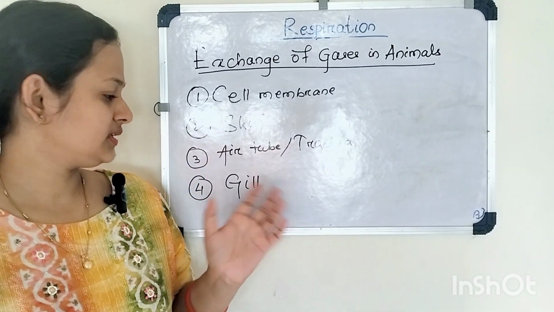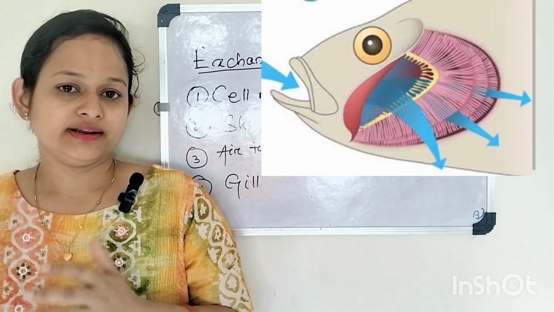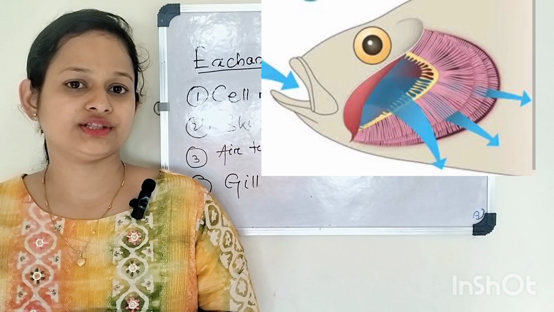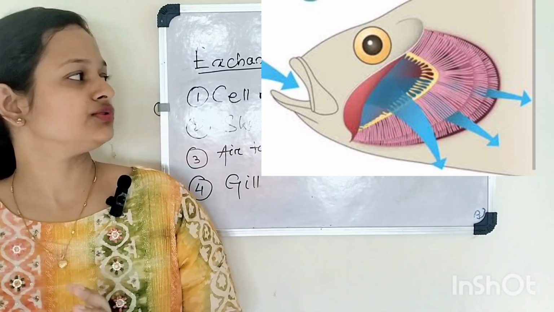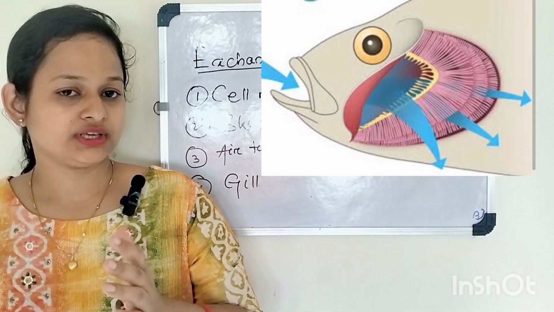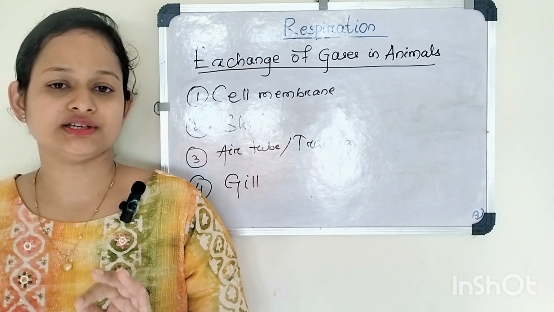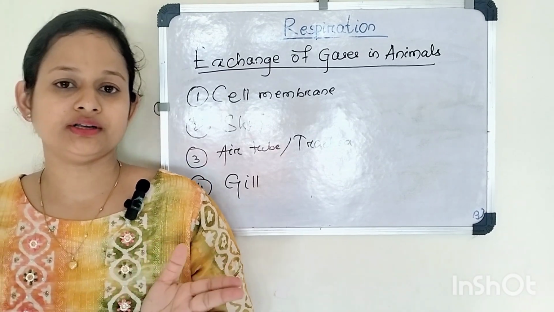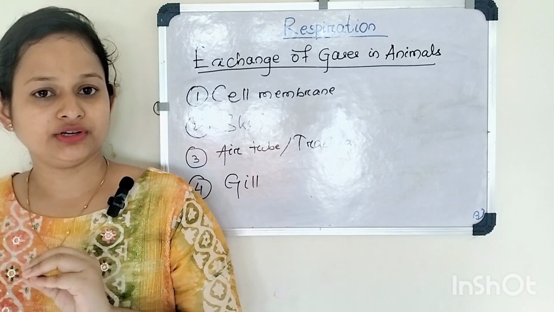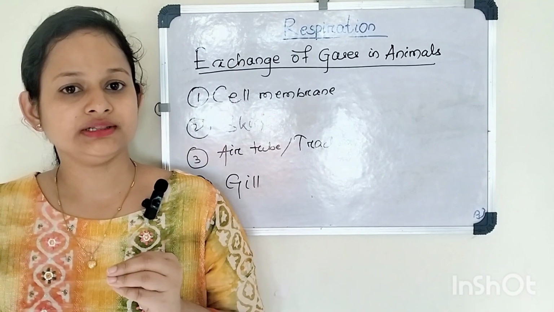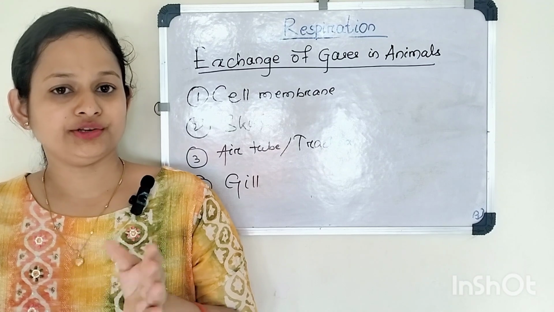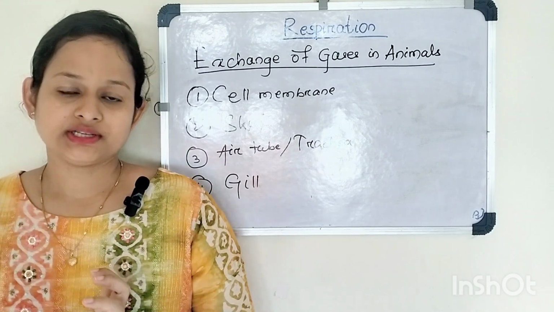Then come the gills. Aquatic animals like prawns and fishes use their gills for the exchange of gases, and these gills are supplied with blood capillaries. When the water enters the body, it first goes to the gill, where the oxygen mixes with the hemoglobin and is taken to different cells of the body.